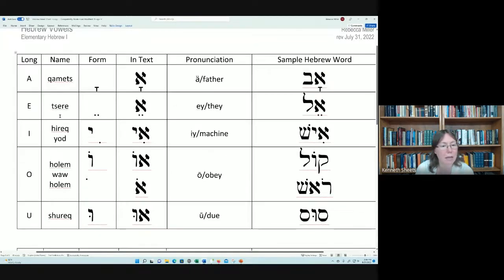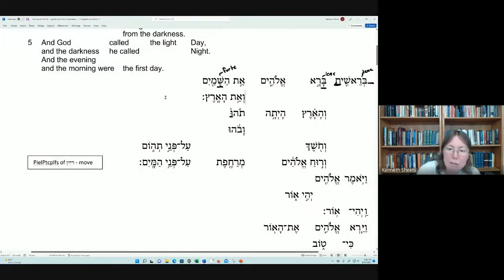Then I have the long E, the sere here, A, the hirik yod, E, the holum or the holum wow, O, and then, oh, look at that, a shurik, long U sound, that oo, and that is exactly what we have here in this instance. So this here is not actually a dagesh, that is just the normal form of the shurik. So this does not fit with what we're looking at the moment. Same thing here, this is another shurik right there.